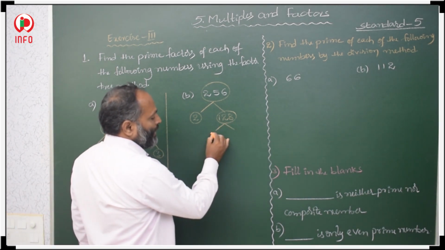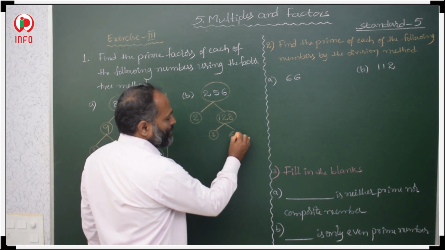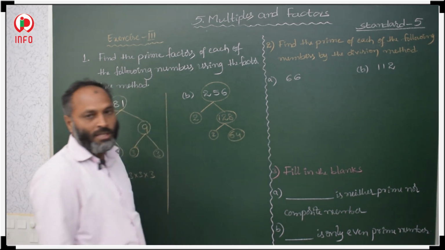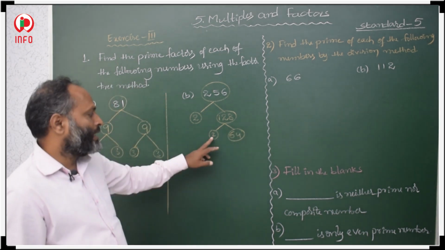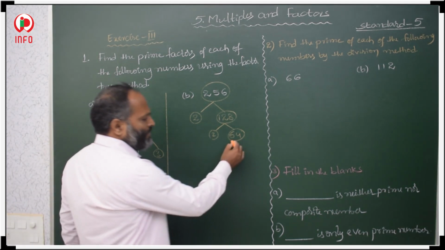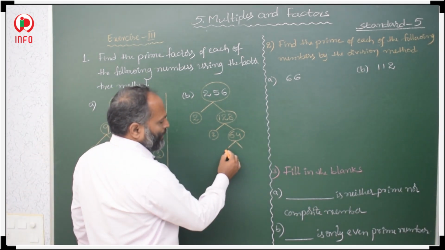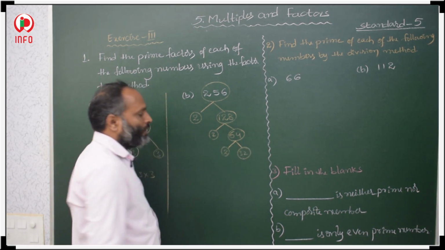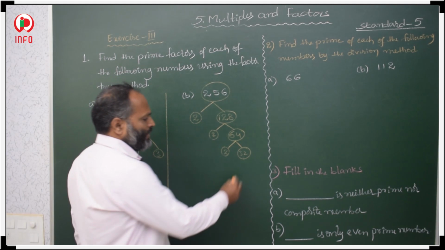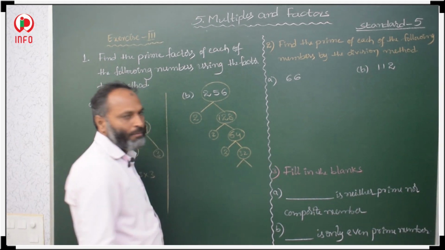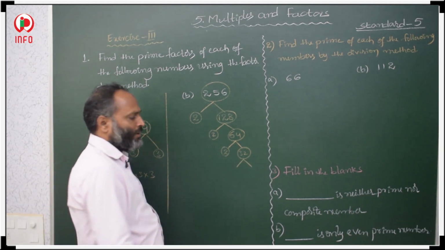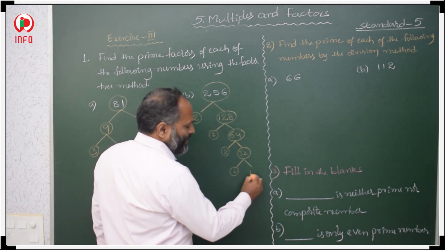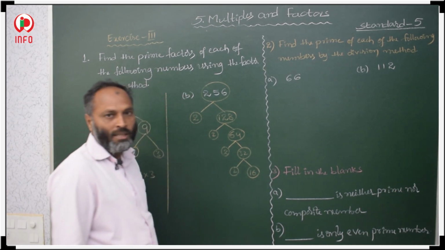In the 2 table again, 2 64s are 128. Again this is an even number, again we have to split it. 2 32s are 64. Again this 32 we have to split. Why? Because 2 is an even prime number. So 2 16s are 32.